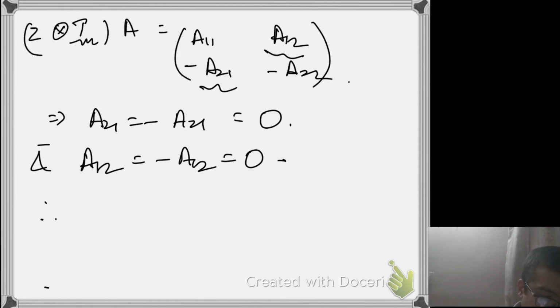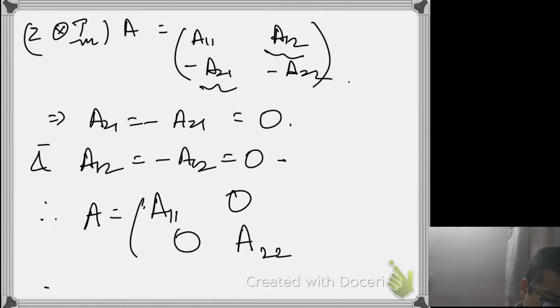So therefore, A is a block diagonal matrix. So here I have used the fact that it commutes with Z tensor IM. Now similarly, I can use the property that X tensor IM also commutes with this.